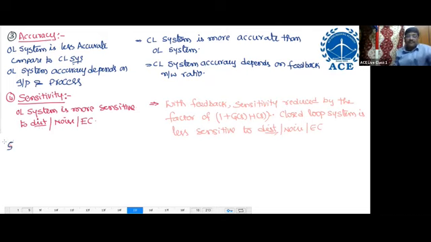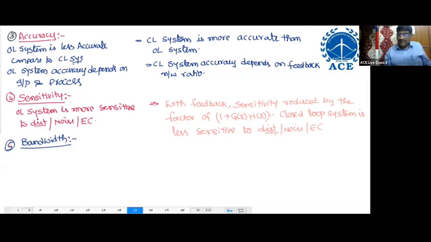Fifth, accuracy done, sensitivity done, bandwidth.